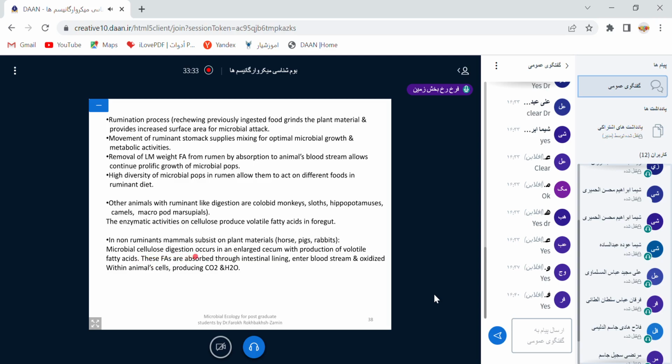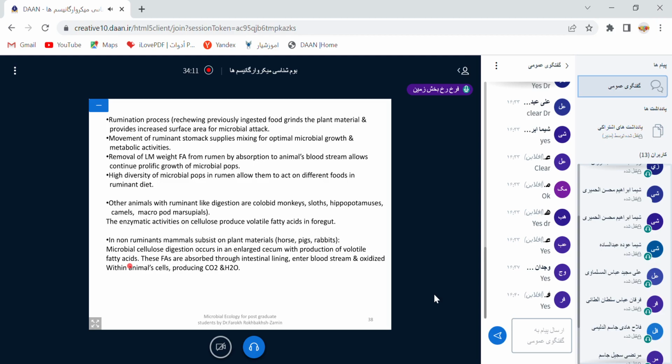microbial cellulose digestion occurs in an enlarged cecum at the end of the large intestine. Their cecum, in comparison to other animals, is much bigger, compared to the cecum of humans or other animals, with production of volatile fatty acids.